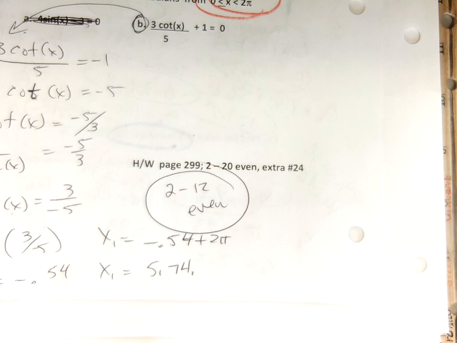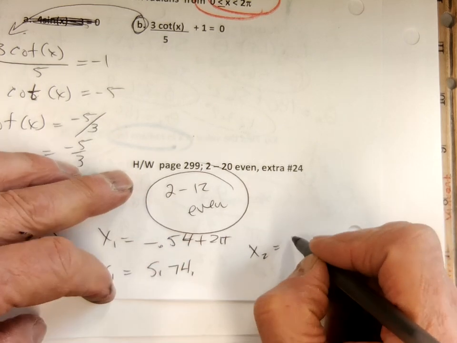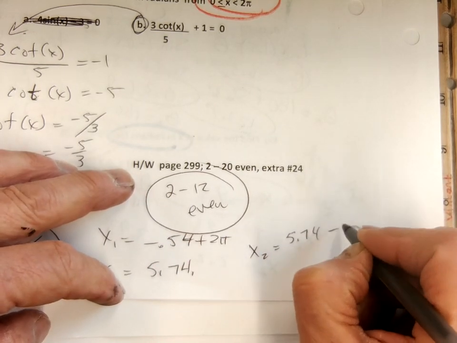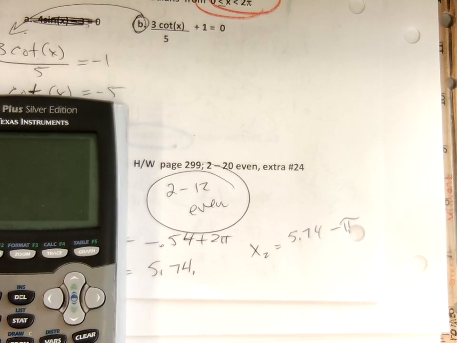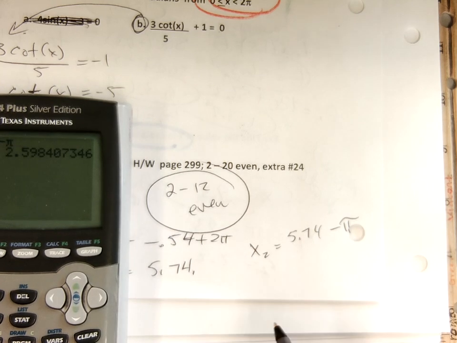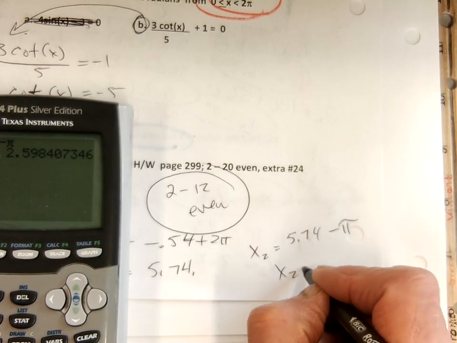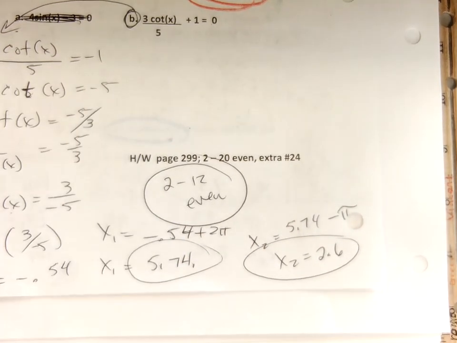Let me do it on the worksheet. x2 is going to be 5.74 minus pi, and I get about 2.6. We don't have to be perfect on rounding. We just need to get to the angles, okay?